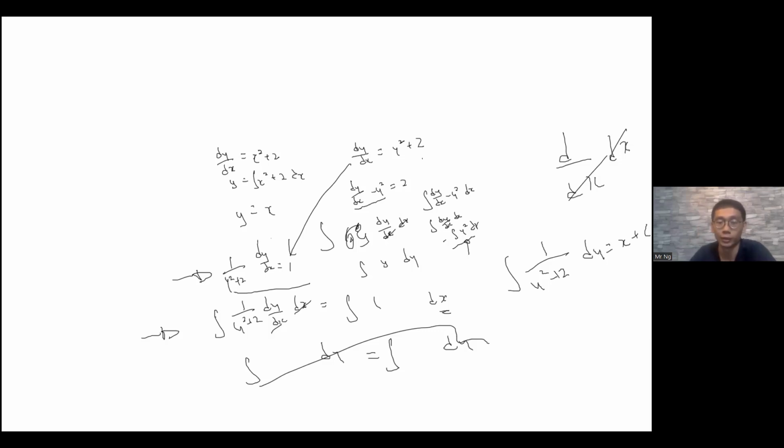Okay, that's not difficult at all. So this equals tangent inverse of y over square root 2, times 1 over square root 2, equals x plus c.